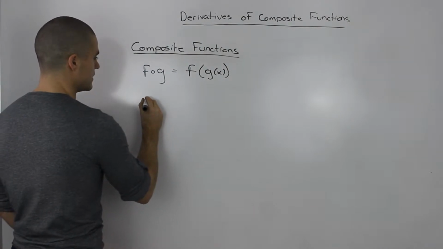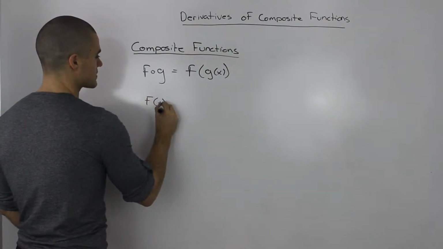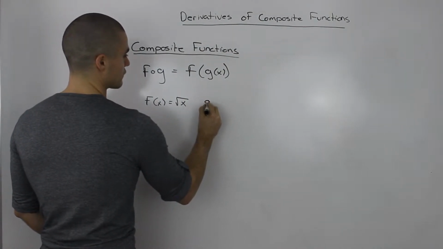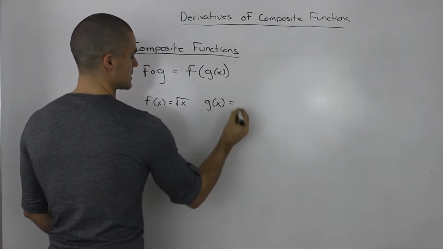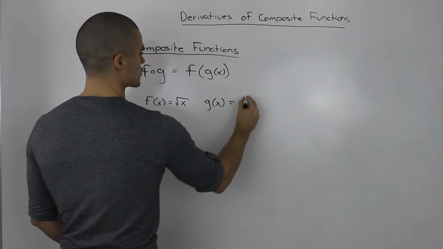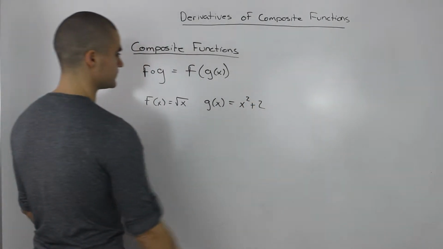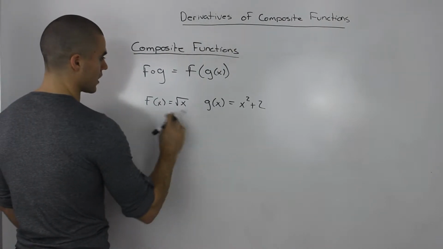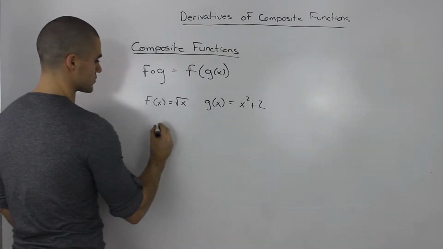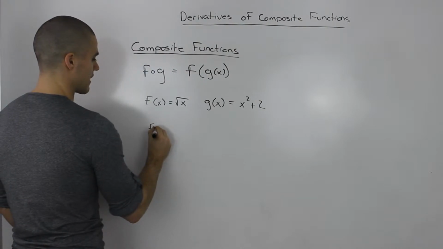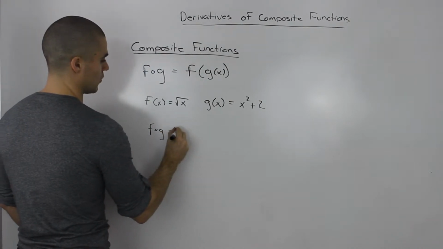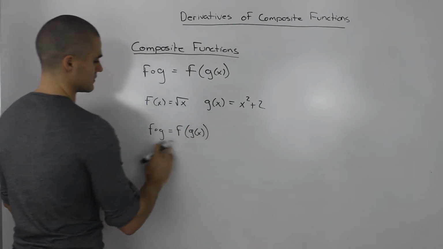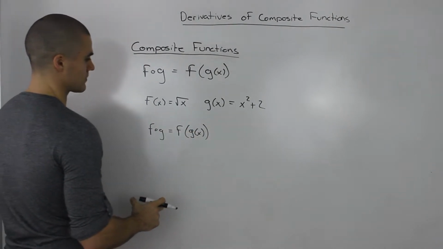Let's say that I got f of x is equal to square root of x. And let's say we have another function, g of x, and that's equal to x squared plus 2. Well, if we were to make a composite function with these two, basically f dot g or f of g of x, these two mean the same thing.